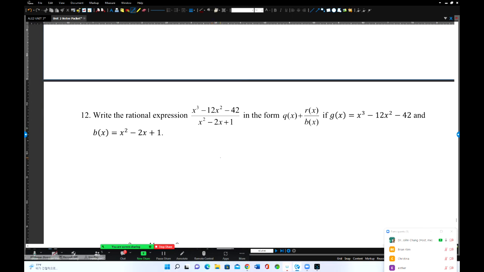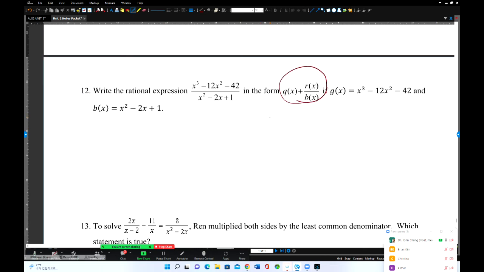Alright, the next one, this is the same form, but you can use long division, okay? Just one more over here: x cubed plus 12x squared. Because the denominator is not linear, you don't have to use synthetic division.